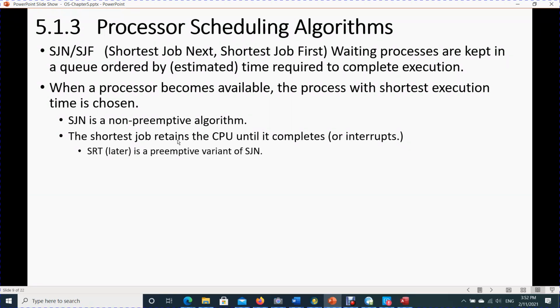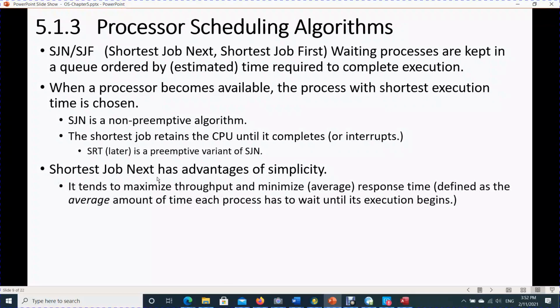The shortest job keeps the processor until it finishes or self-interrupts. A preemptive version, SRT, which we'll be discussing later, exists. The shortest job next is relatively simple.